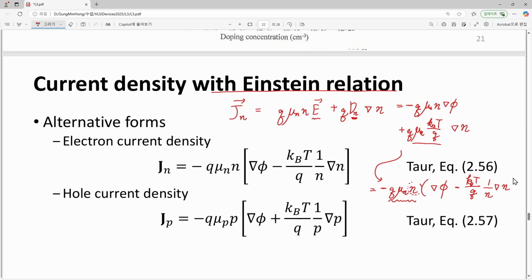Now we have this form, as you can see here, and we can follow the same technique for the hole current density. Simply speaking, let me write it down in this way. This means that the electron current density can be written as minus sigma_n, the conductivity originated from the electrons, and something.